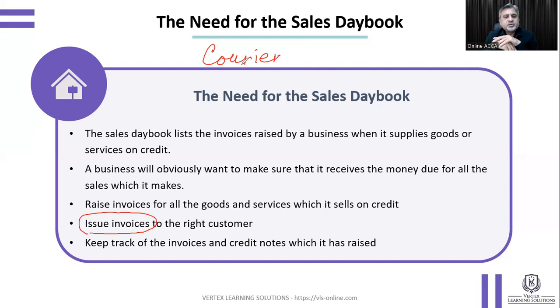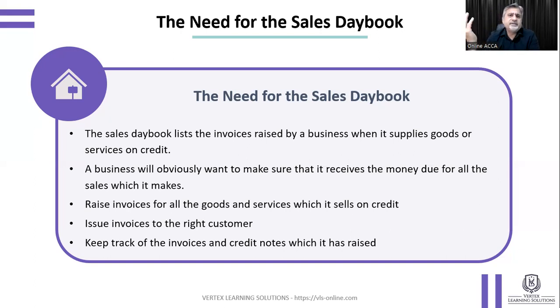Whatever it is. So you need to keep a separate record for this thing. So issue invoices to the right customers. It should not happen that I'm Ali and I sent 114 letters for which I should be paying $150, but they give me a bill for another customer which is $1,000.